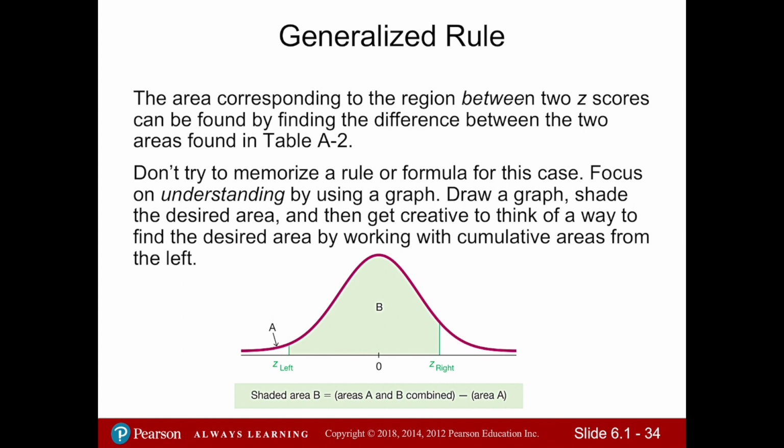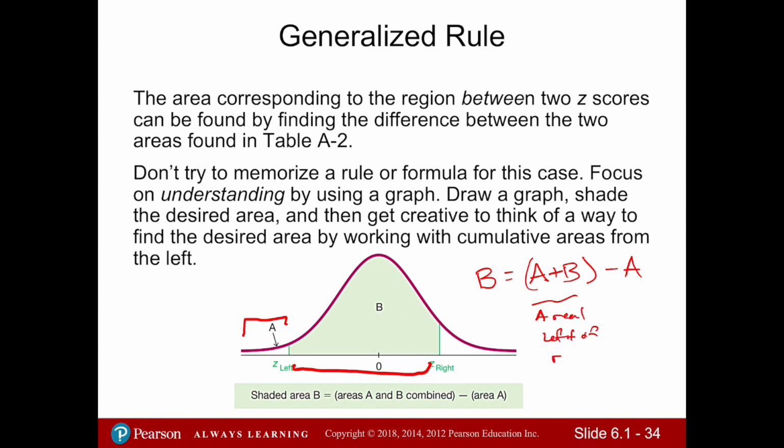We can consider the area between the two curves as B, our area we want to compute, and think about A as the area all the way to the left of the leftmost point. Then B is really A plus B minus A. The area to the left of the right point, minus the area to the left of the left point. Doing more examples will help us understand this generalized rule.